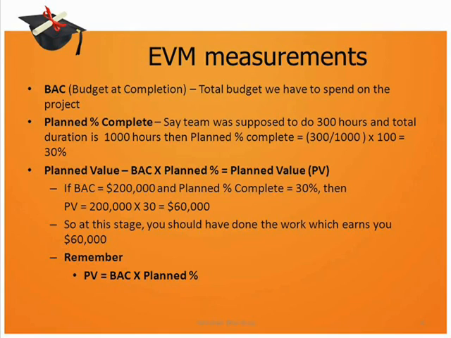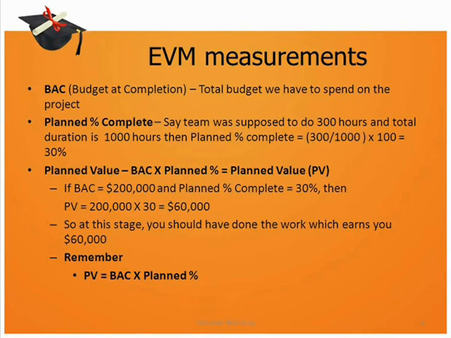Now if you have these two values, BAC and planned percentage complete, you can find out planned value, which we have discussed earlier. So the example given here, for any project, suppose BAC is $200,000 and planned percentage complete at any point of time when the project is going on is 30%.